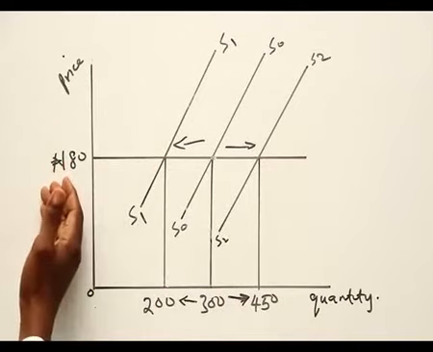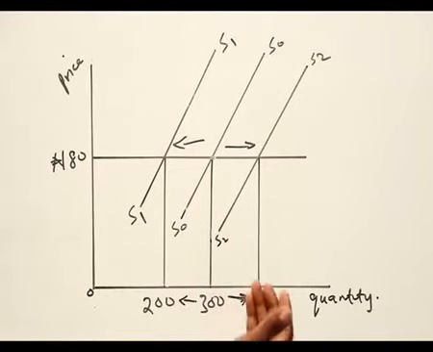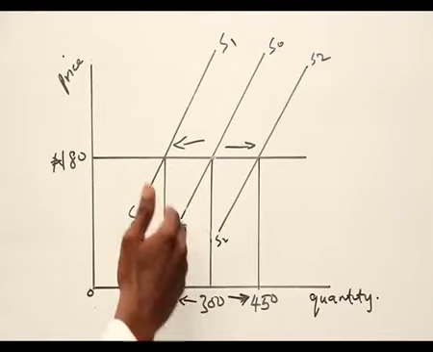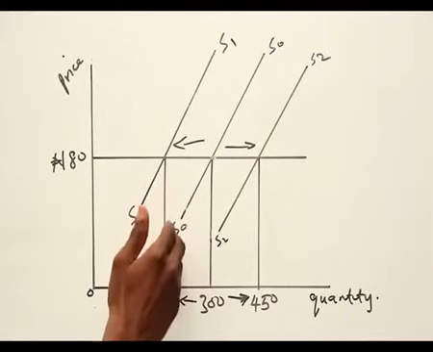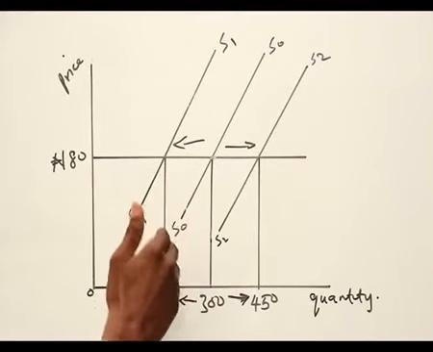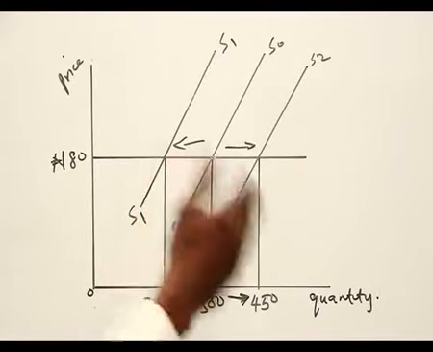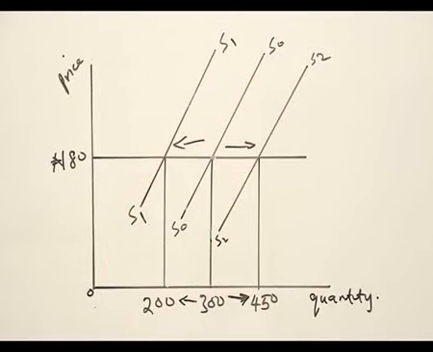When the price is still constant, the supply changes, that is, supply increases. So that is to say, an increase in supply implies that the factors affecting production have a favorable influence on supply.